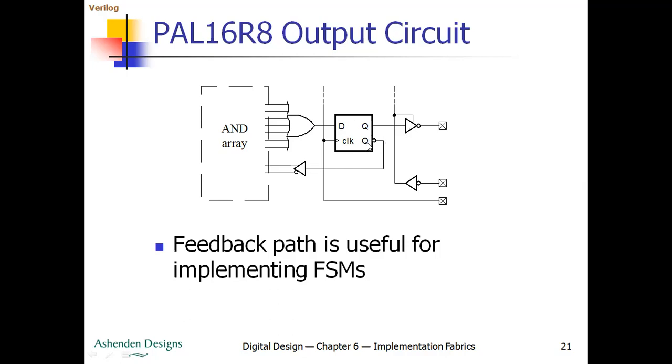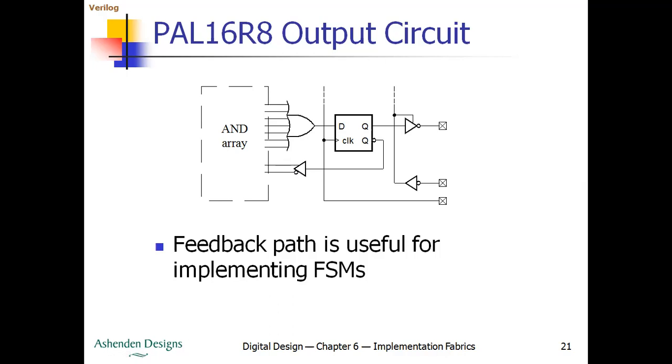As you can see, the active low output Q bar is given as feedback to the buffer here. Using this register D, you can provide the feedback to the AND array. This feedback is helpful in the implementation of sequential functions. As we said, an example of sequential designs is finite state machines.